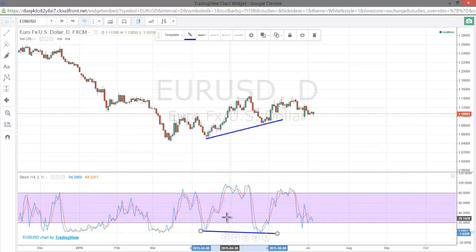What you will be looking at, once the divergence is confirmed, is for the slower line, in this case the orange line, to cross the blue line. For me, as a safe trader, I would wait for this point here, where the price enters back into our range, which is what we trade.